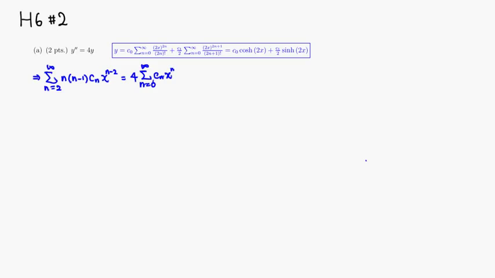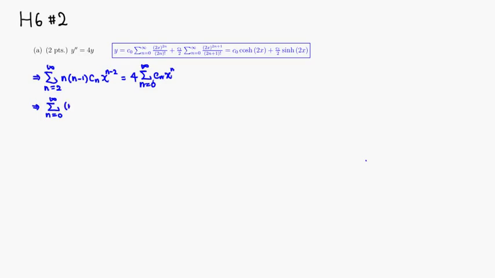Since we want to match the powers, instead of n minus 2, we would like to have n. So we can start from n equals 0 instead of n equals 2, going from n equals 0 to infinity. So we have to increase the indices by 2.